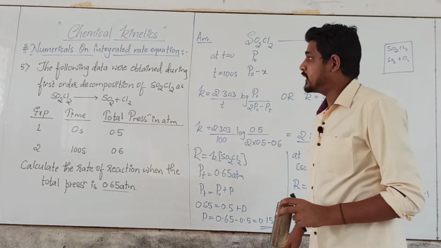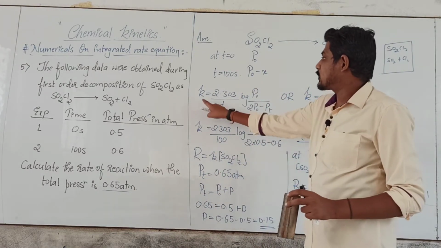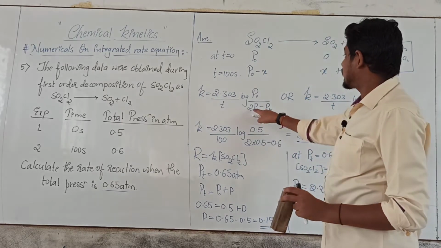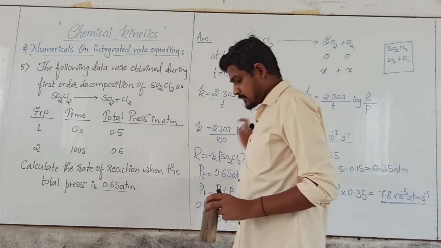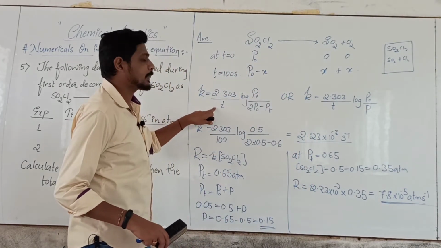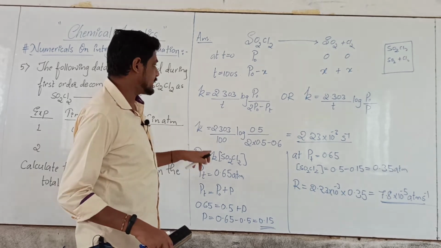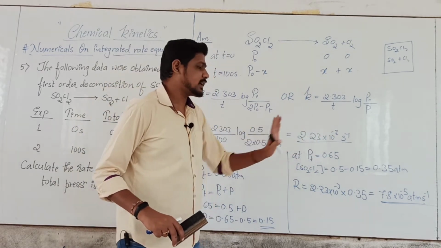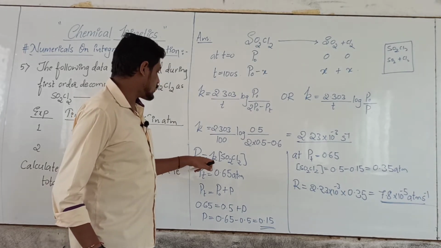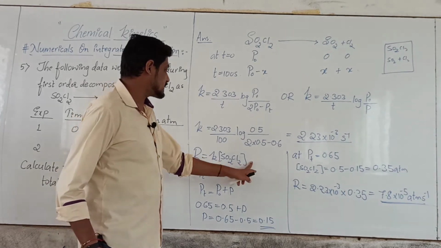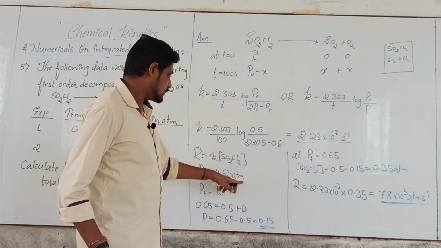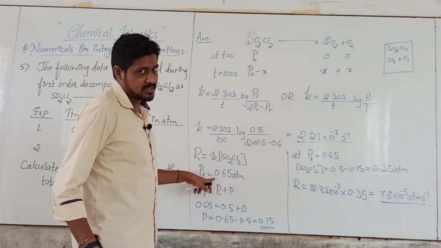How did we calculate this? First we have to calculate the rate constant. We already know the formula, we can use this or this. Here I have made use of this one, and calculated the rate constant. Once I got the rate constant, to calculate the rate of reaction, rate is equal to rate constant into the concentration of sulfuryl chloride when the total pressure is 0.65 atm.